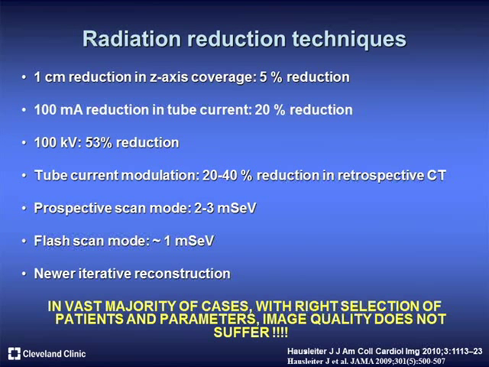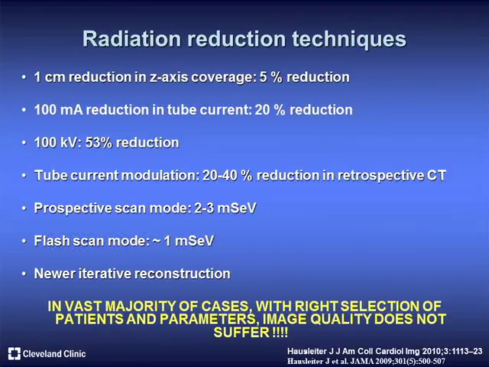Now, from a CT, what can we do? Basically, we need to know what the patient is, and we tailor the protocol according to a given patient. It's not one size fits all. We can reduce the voltage with 53% reduction in radiation. We can reduce the current and reduce it by 20%.